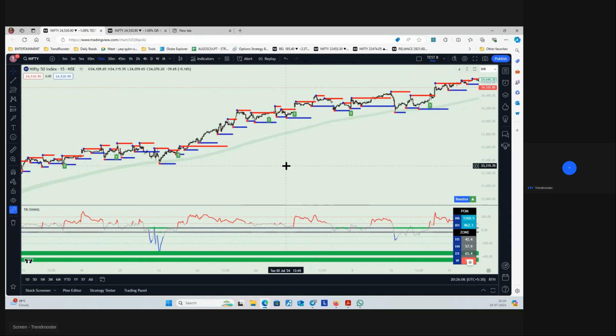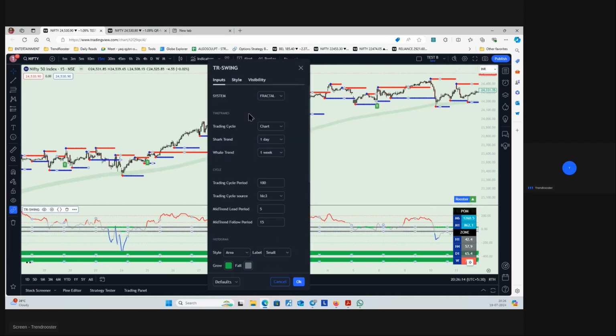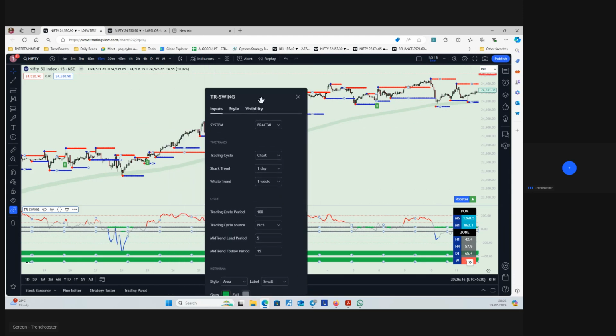I've also mentioned that one more entry mechanism has been added. What is an entry mechanism? If I go to something like this, you see that the system has two types of entry mechanism. One is DC, which is a Donchian channel break, and then the fractal base. So we need a proper breakout.